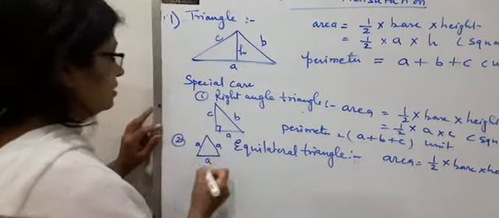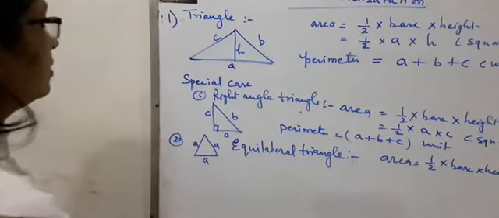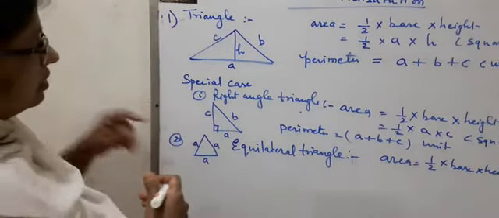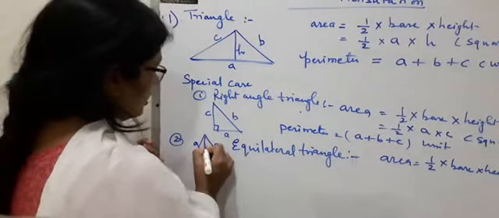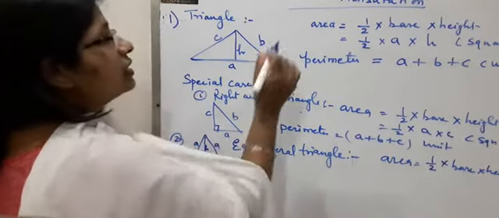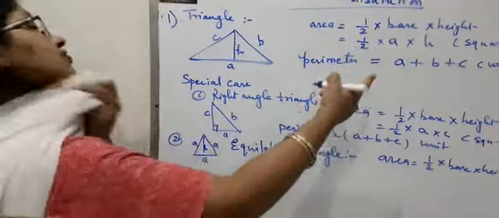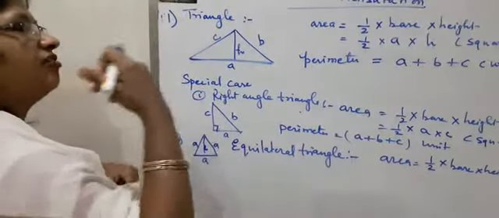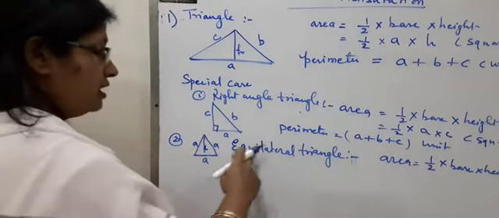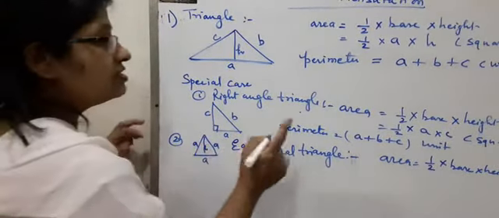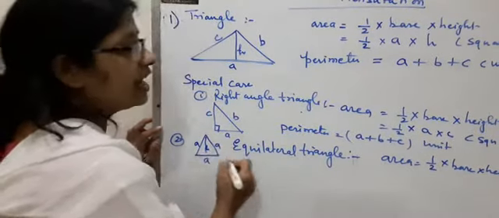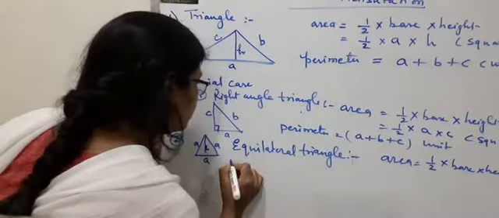But to find height h, if height is given, then we find half base into height. But in an equilateral triangle, if height is not given, then we find height by Pythagoras theorem.